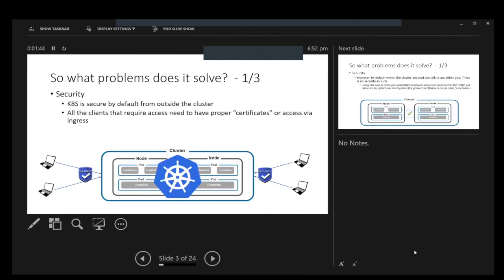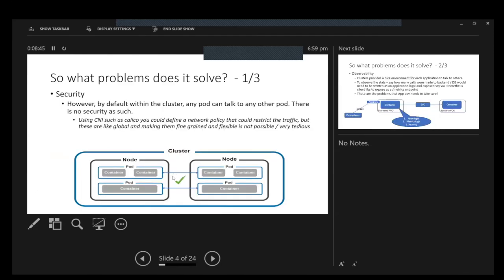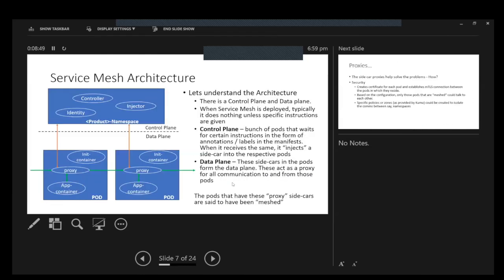That's security. So the idea is, what problems does this solve? The thing you can see on my screen is that Kubernetes by itself is kind of secure from outside. Within the cluster, you have all the machines connecting together. You have to have a service account. Without the service mesh, one pod can talk to another. But after you have this in place, all the pods which are meshed can only talk to each other through these proxies.